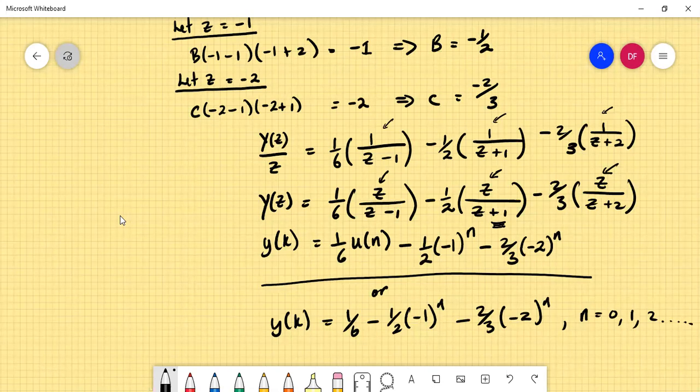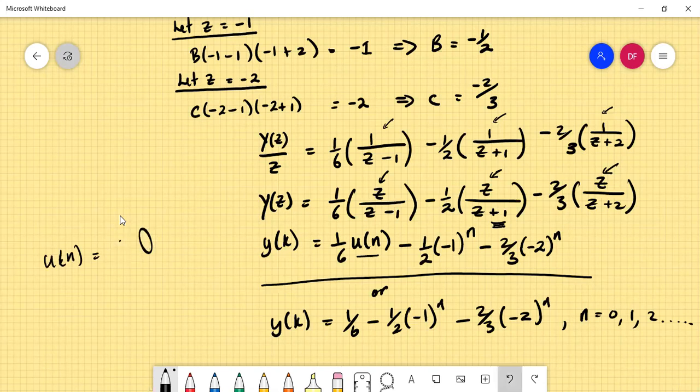But sir, where you have 1/6 u(n), that could be represented as 1 to the n, as I see where you have minus a half to the n.